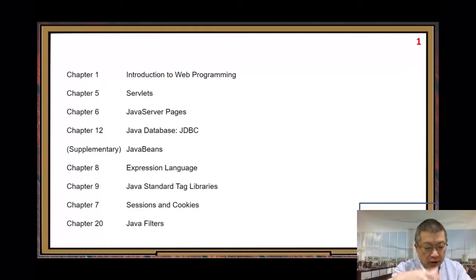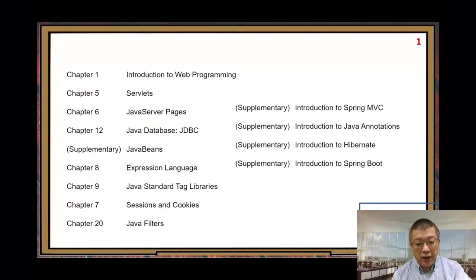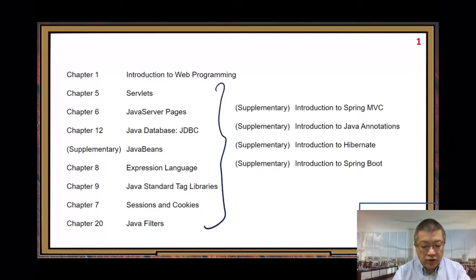I list the topics here, so you can see chapter numbers and titles. The second part is several important topics, not from the textbook, that I will also cover.